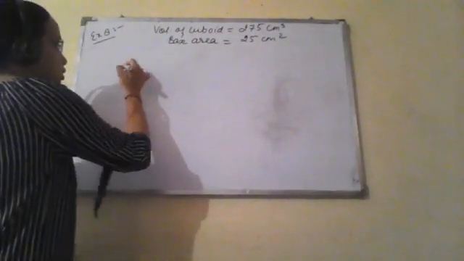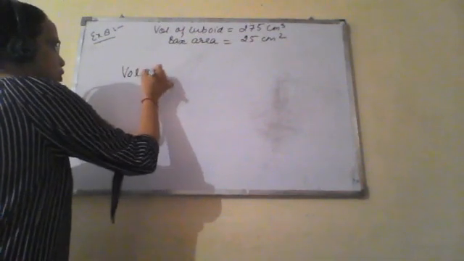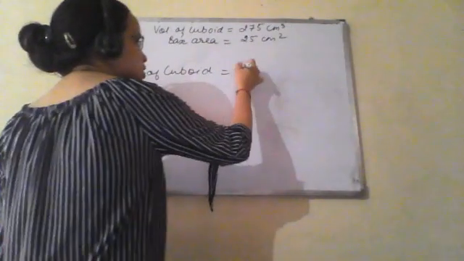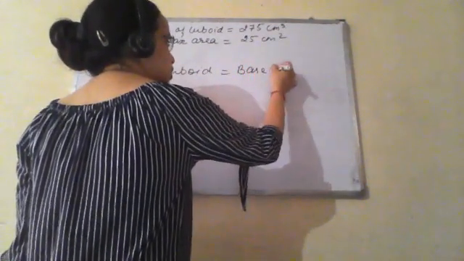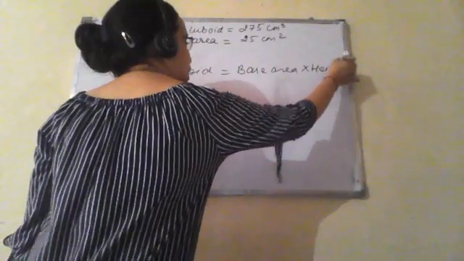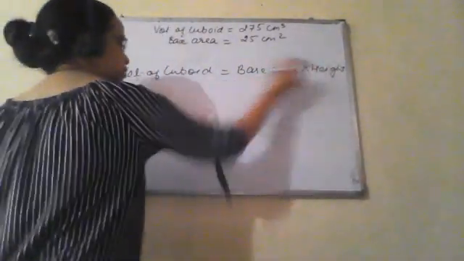You know, volume of cuboid or any figure equals its base area into height. I've explained. So how do we calculate height from here?